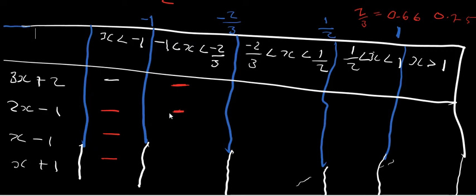So this will be a negative. Again, if I put -3/4, that will be a negative there. If I put -7/4, that will be a positive. I get a number in between -2 and 1/2.